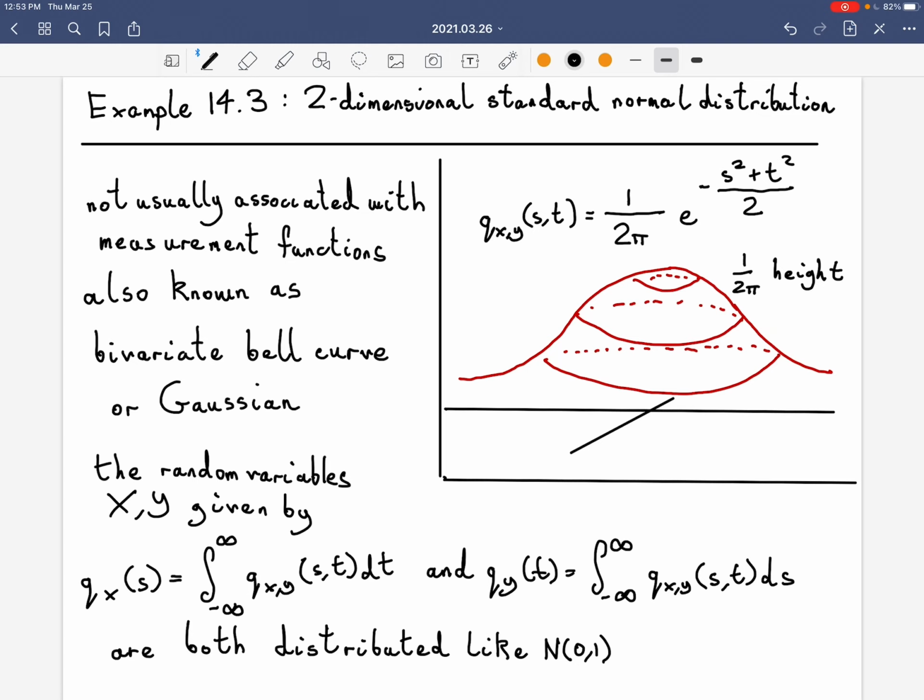But the 3-dimensional standard normals and the higher dimensional standard normals all follow this basic picture where they look like 1-dimensional normals rotated around an axis that fixes the peak.